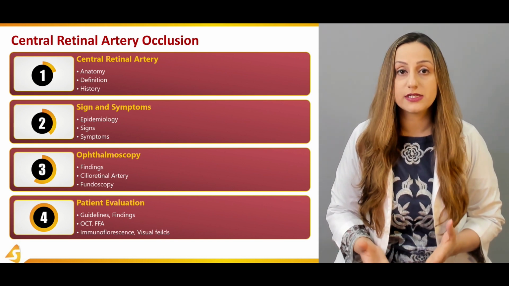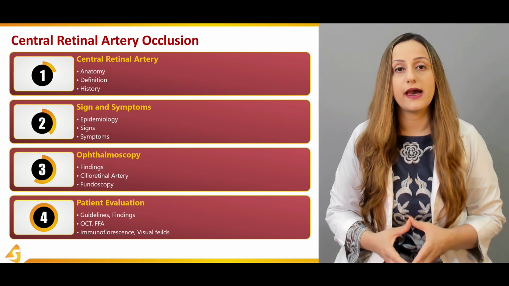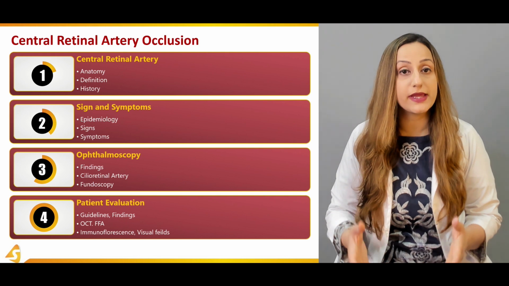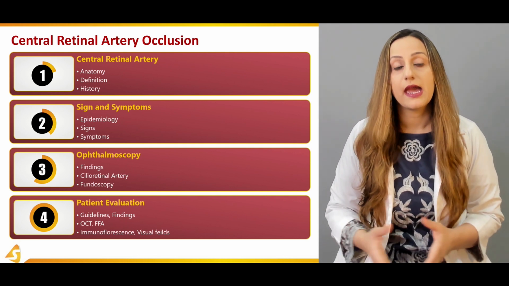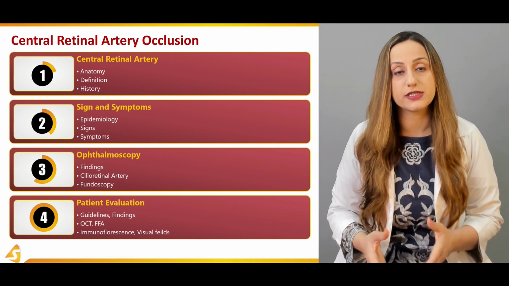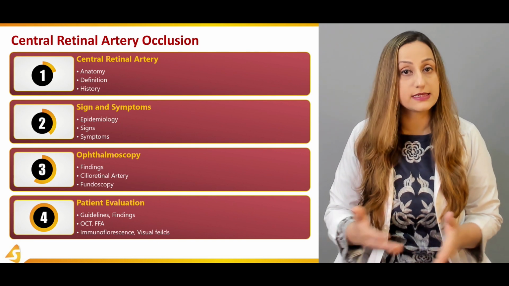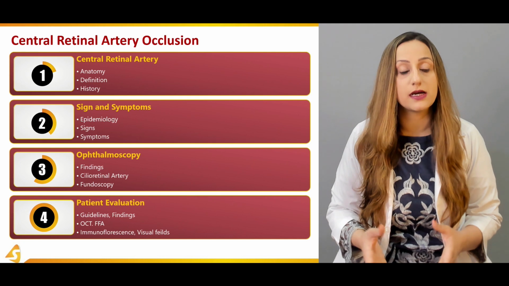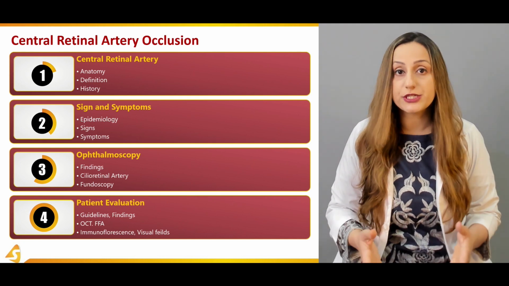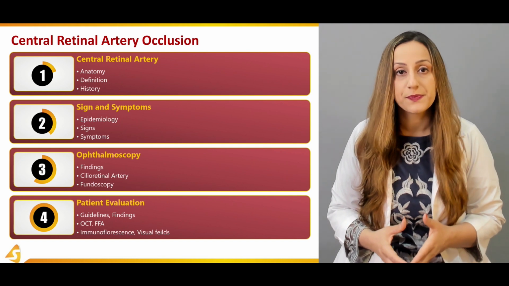The central retinal artery is a branch of the internal carotids, and we're going to explain how it bifurcates and what the other branches of this internal carotid artery are after it gives off the central retinal artery, which supplies the retina, the macula, and the optic nerve. So these are the major structures which are supplied by this artery.